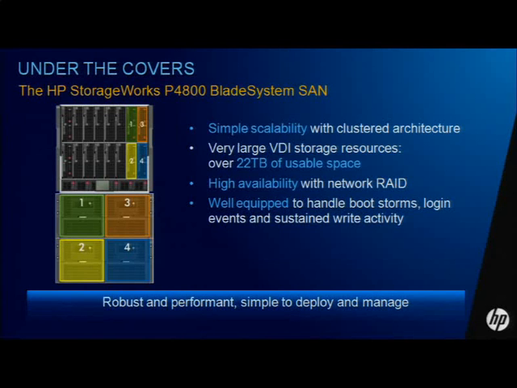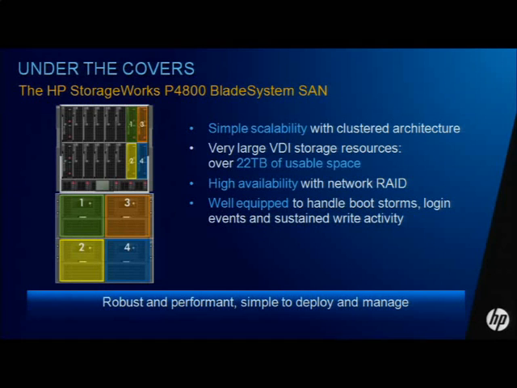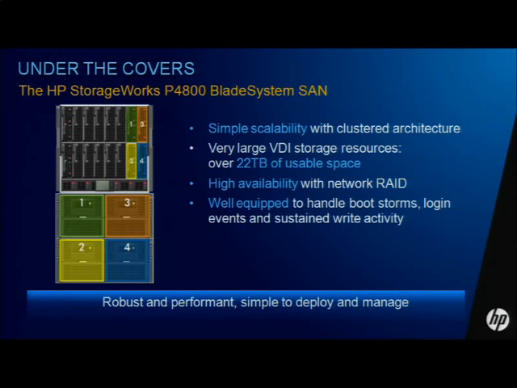This is how it's looking. We've got 140 15,000 RPM, 450 gigabyte drives, in bays of 35 drives apiece. We have 4 storage blades that are connected redundantly to those 4 storage bays through an array controller and 3 gigabyte SAS switches.